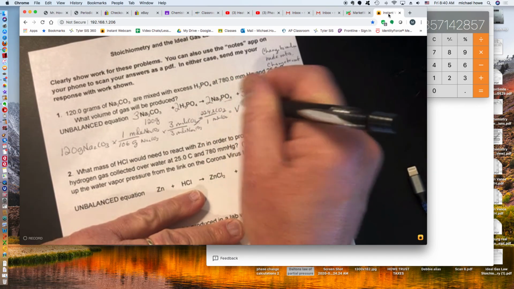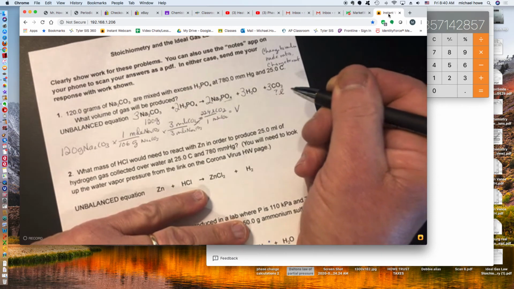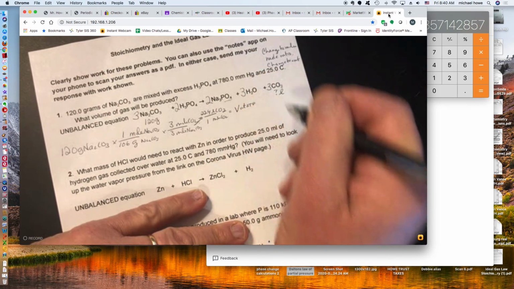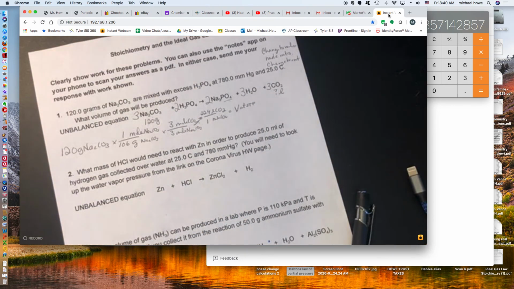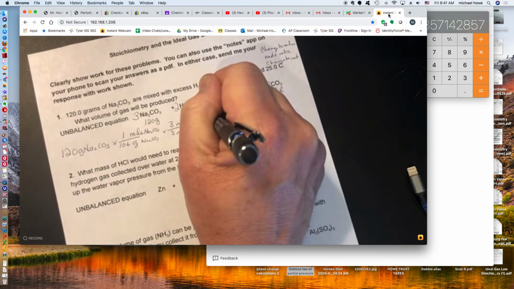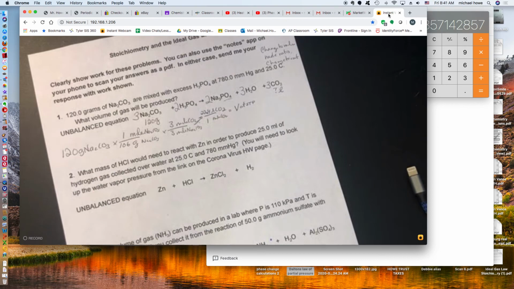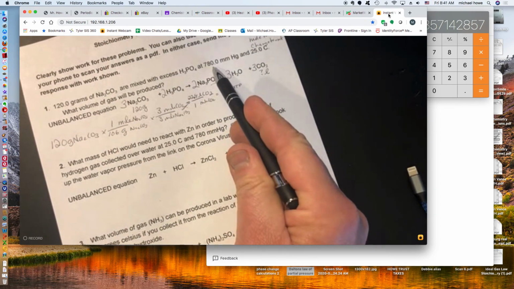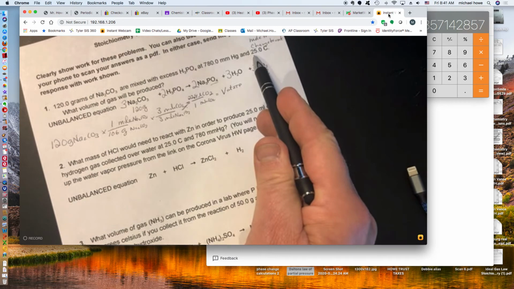And I'm not going to do it this way, but if I did do it that way, I would have the volume at STP. So that 22.4 is only true when the temperature is 0 degrees C and the pressure is 1 atmosphere, standard conditions. This problem is not at standard conditions because we have 780, not 760, and the temperature is 25 and not 0.